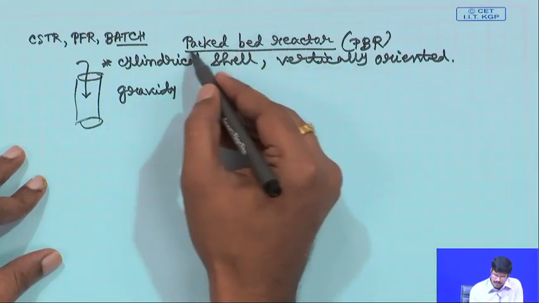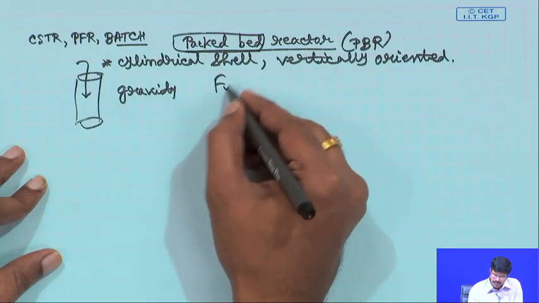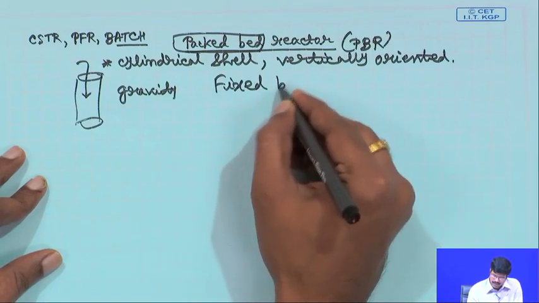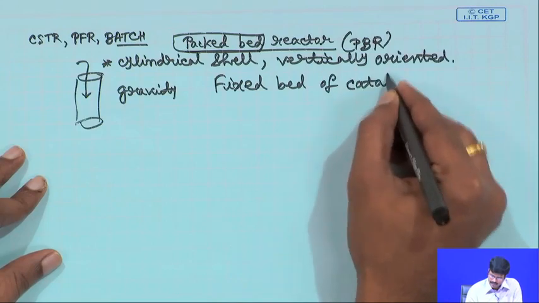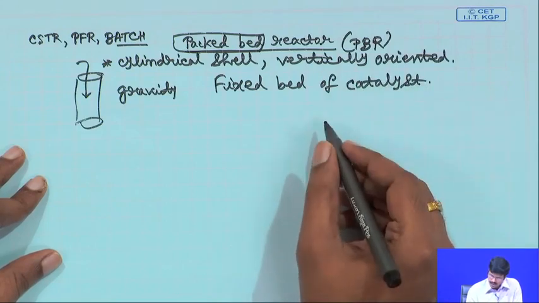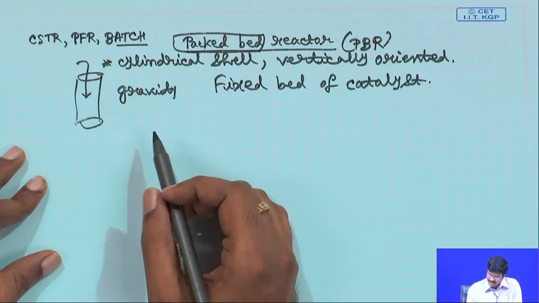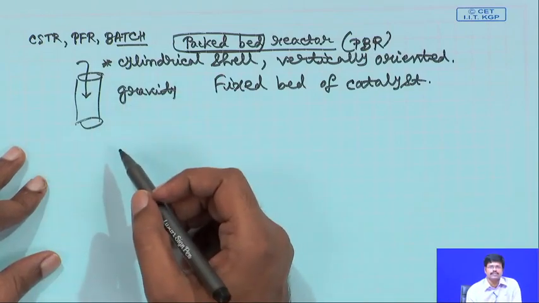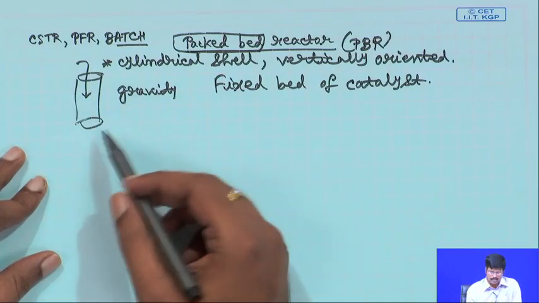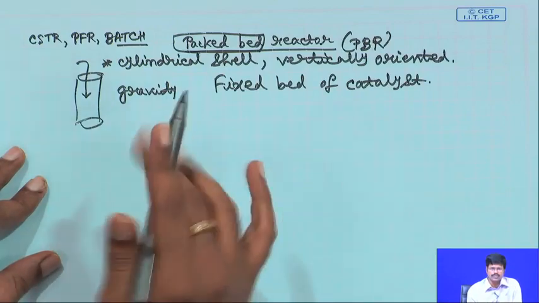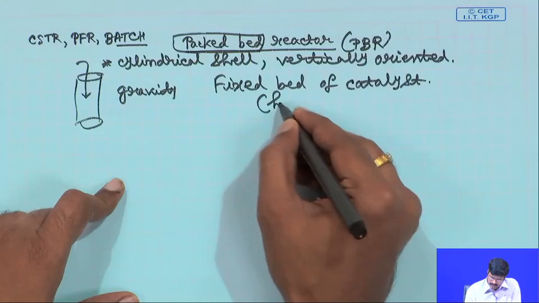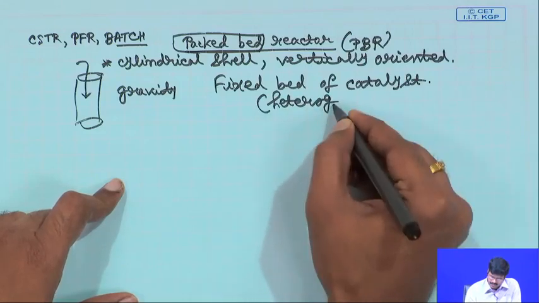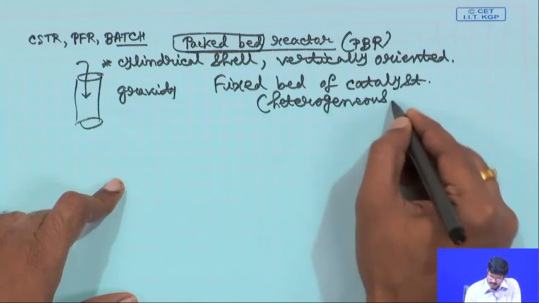This is called a packed bed because there is a fixed bed of catalyst inside. The catalyst will catalyze the reaction, and the fixed bed of catalyst is there. So, that is why the name packed bed. Obviously, then this is a heterogeneous reaction, unlike your homogeneous reaction.